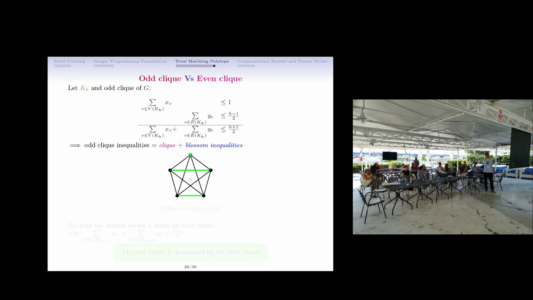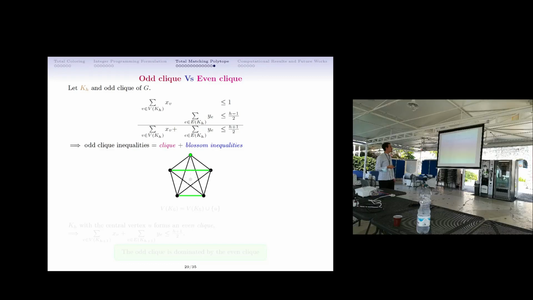In the following form, the odd clique inequality can also be seen as the sum of 2 parts: the clique on the vertices that we saw in the previous slide, and the blossom inequalities, that are a subset of the edges of odd order, and so we have this inequality here.